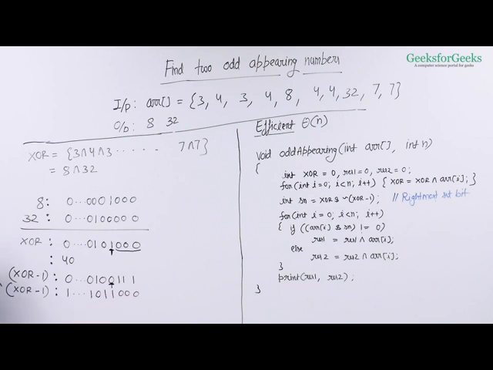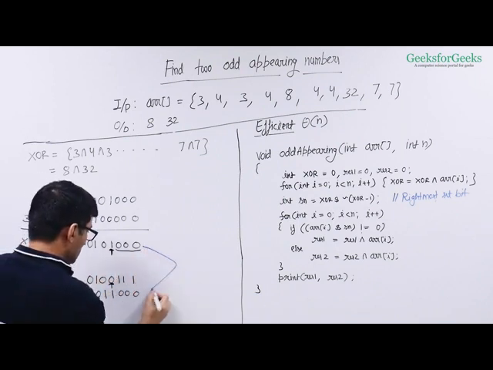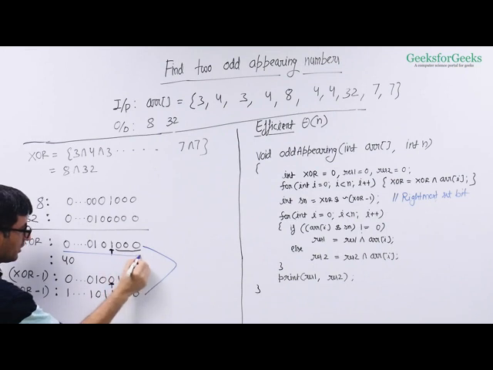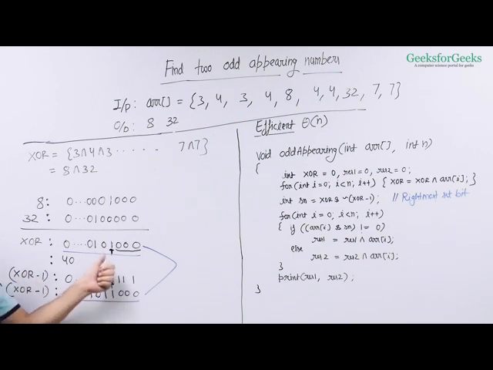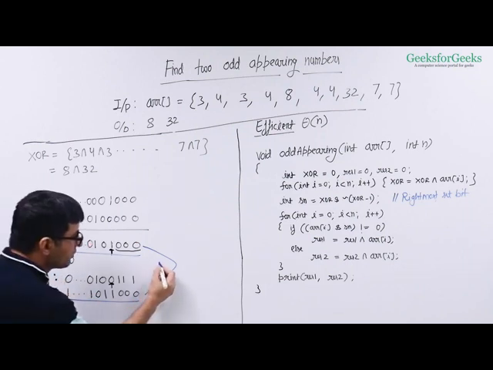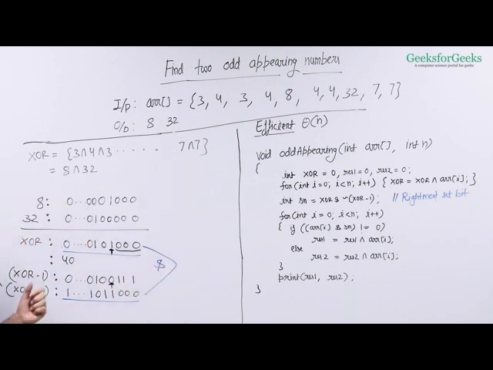So if I do AND of these two numbers, XOR and negation of XOR minus 1, I can notice that these bits are inverted, so AND of these bits is always going to be 0. So we are going to do AND of these two. And you will have 1 for the set bit because this is set in both the numbers.